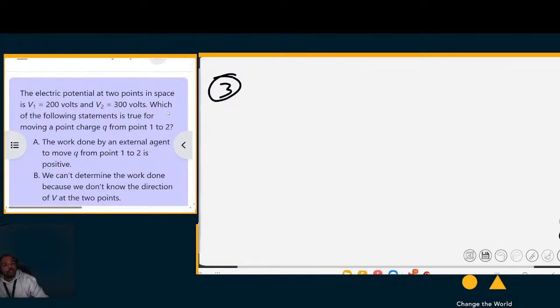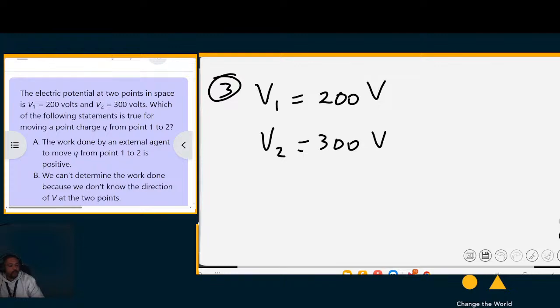So the electric potential at 2 points in space is V1 equal to 200 volts, and V2 is equal to 300 volts. Which of the following statements is true for moving a point charge Q from point 1 to point 2?